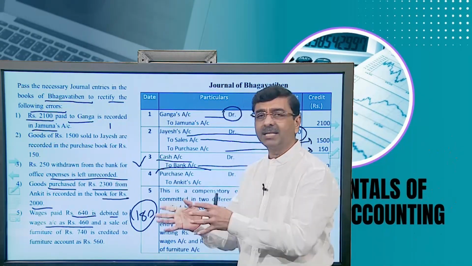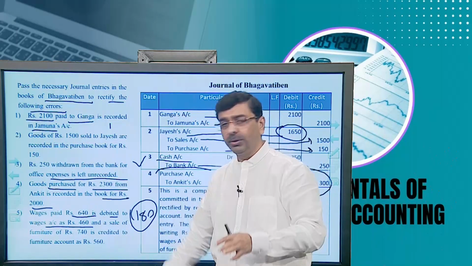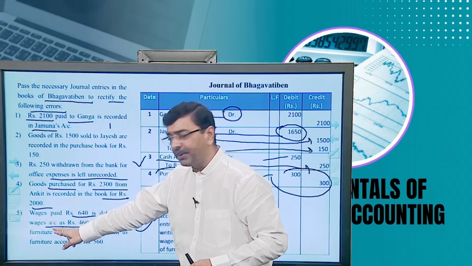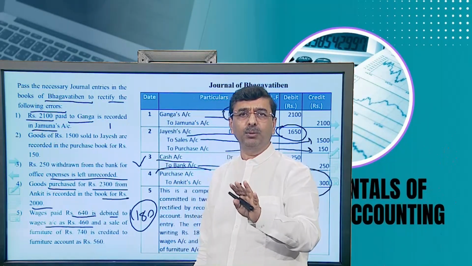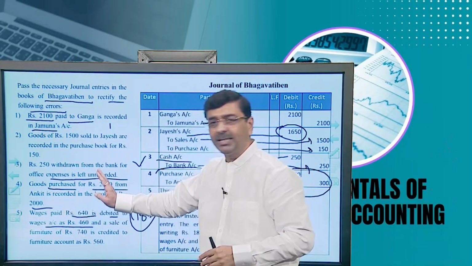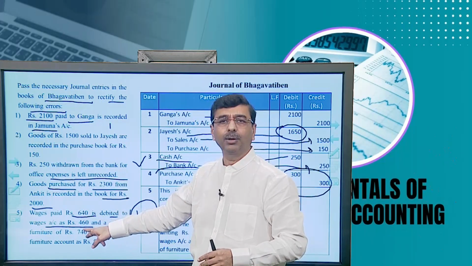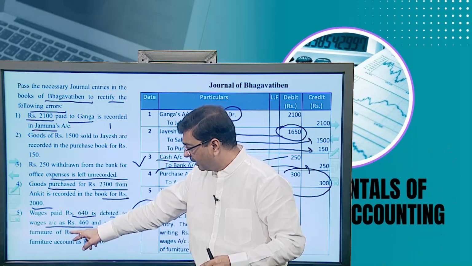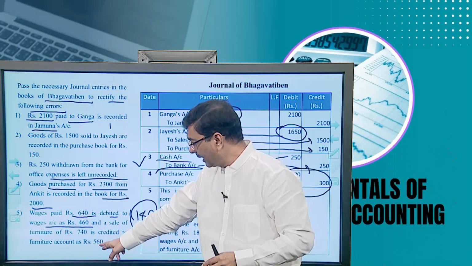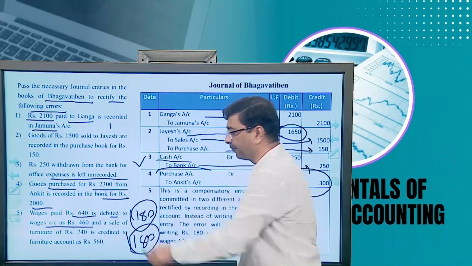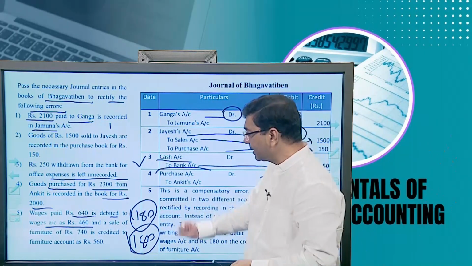Whatever cash amount was actually paid, 640, is rightly recorded, so the mistake happened only in wages; its posting is most probably wrong. So in the wages account, instead of 640 they recorded 460. The same thing with furniture sold: it is 740 but they recorded 560, again 180 rupees lesser. Correct. So now what is the correct effect?